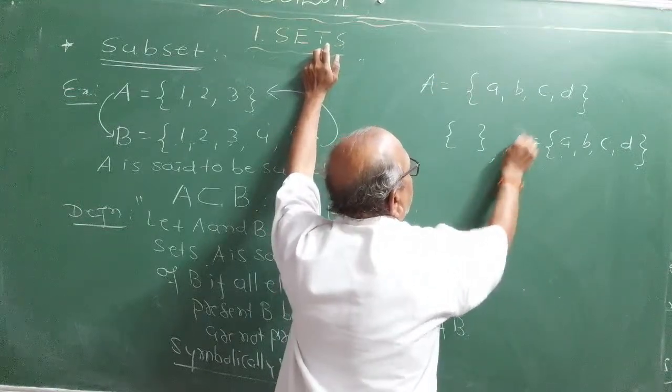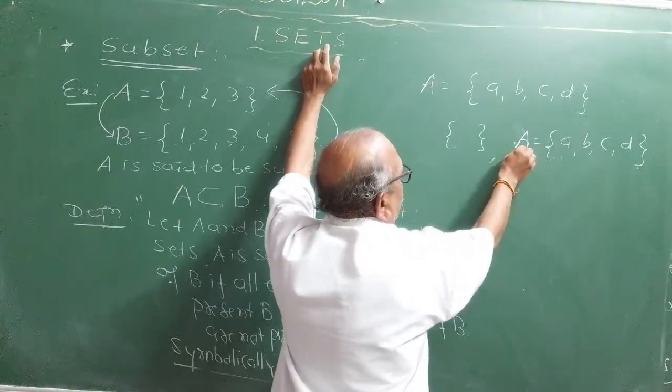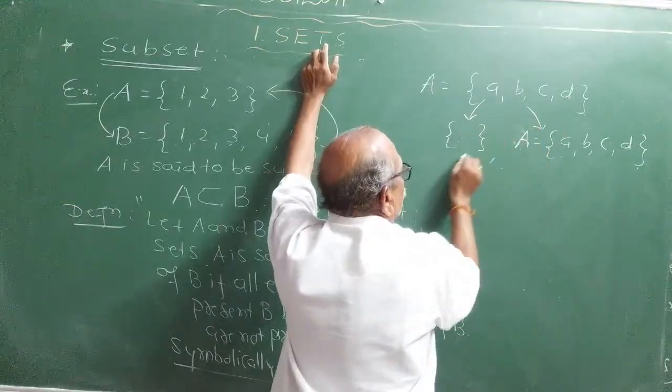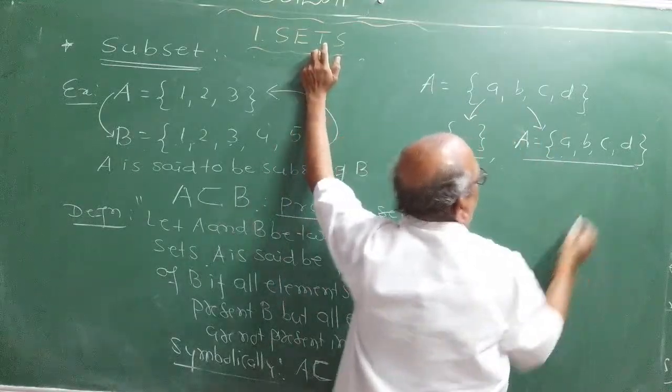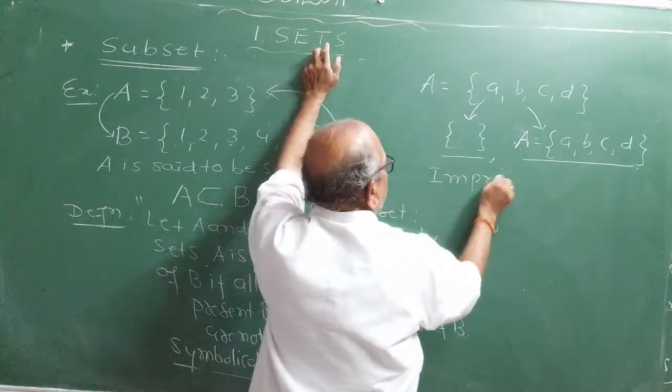Means every set is a subset of itself. A null set is a subset of every set. Therefore, these two, the null set and the set itself, are called improper subsets. Note down, very important.